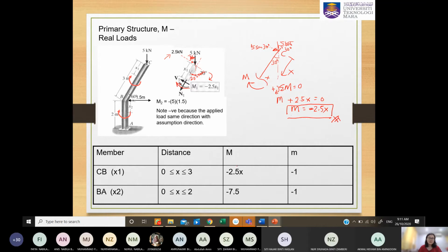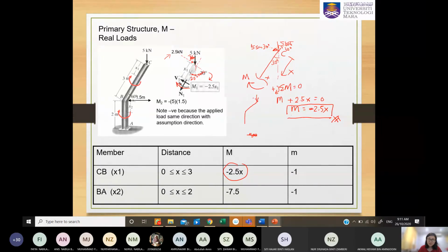Now you have solved for your big M, and then you can go to the cut section at AB. Now at AB, we still use the x starting from B. Therefore, it is considering the whole system like this.